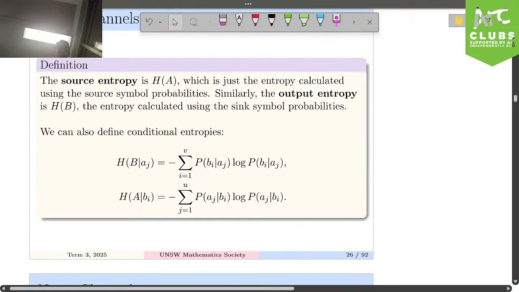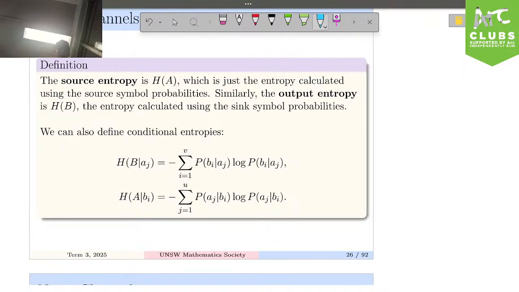And you can also have the output entropy, which is the entropy calculated using the sink probabilities. And you can use these formulas here for the conditional entropies. So these are different to HA and HB. This would be effectively how much expected information we get knowing that we sent AJ. And this would be the expected information we get knowing that we sent BI.